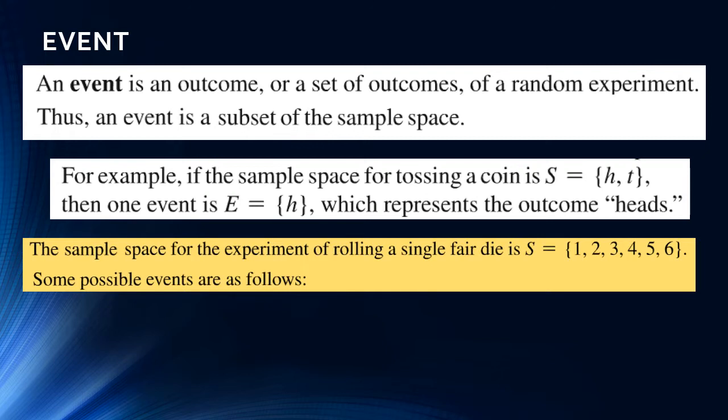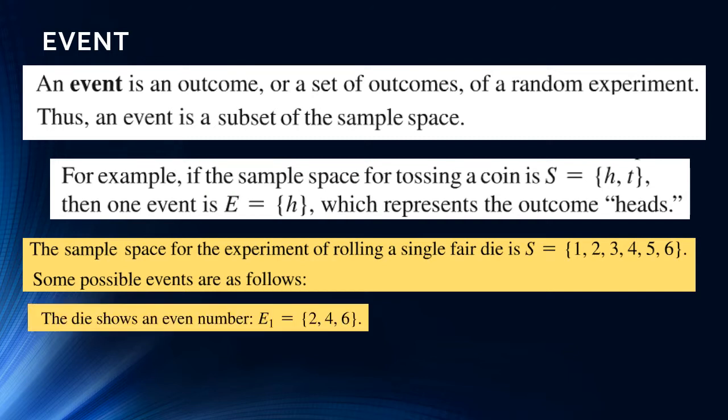The sample space for the experiment of rolling a fair die is S equals 1, 2, 3, 4, 5, 6. There are 6 sides on a die, and each side has a number from 1 to 6. So the possible events are: the die shows an even number. Event even number would be all of the ones from the sample space which are even, so we have 2, 4, 6.